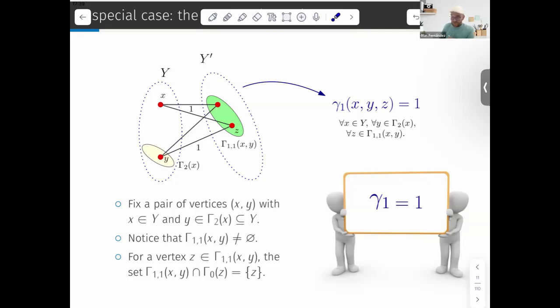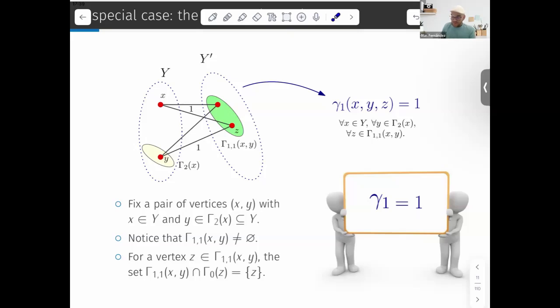And we also observe that now we would like to compute this scalar. Since this set is non-empty, it will be the number of common neighbors of x and y which are at distance 0 from the vertex that we pick. And so we have just one vertex in this set.